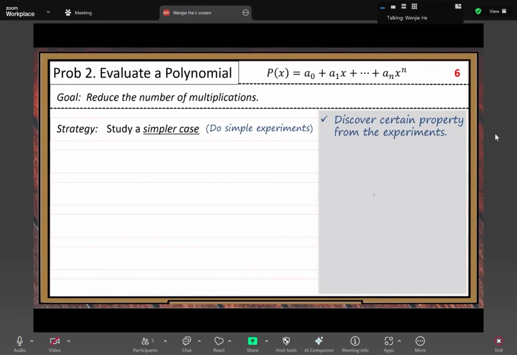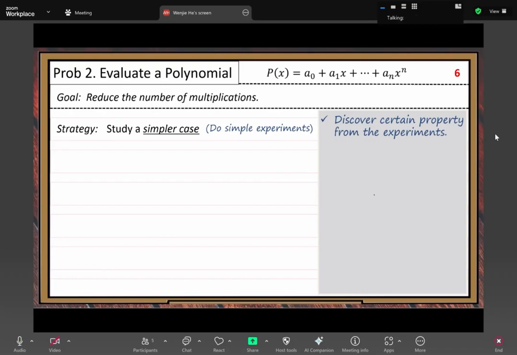After training in this class, in many different real world situations, you need to connect the dots. The dots are what we learn in this class, our experience. So, connecting the dots to what we learn in this class: discover certain properties from the experiments.